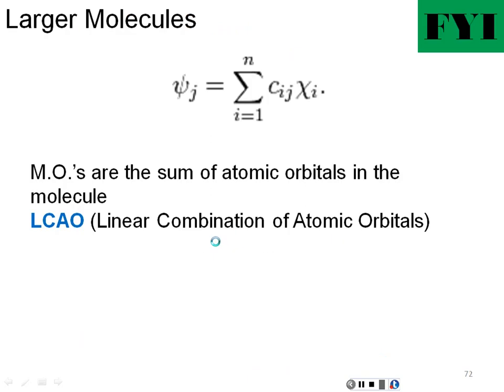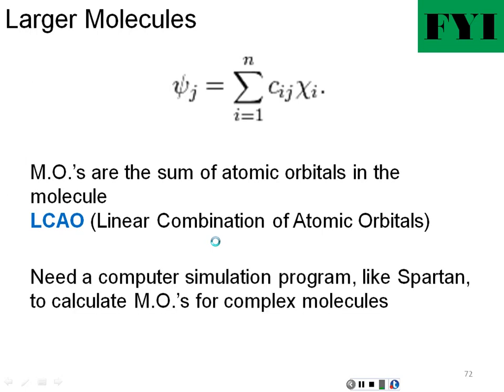You can do molecular orbital theory and make molecular orbitals on larger molecules, and it becomes really challenging. You use equations like this, and you do what's called linear combinations of atomic orbitals. You really need a computer program to do this, and there are programs like Spartan. You might use Spartan in future classes.